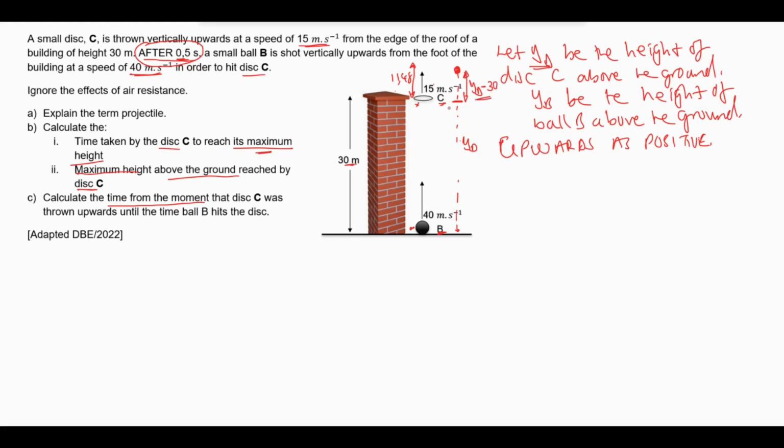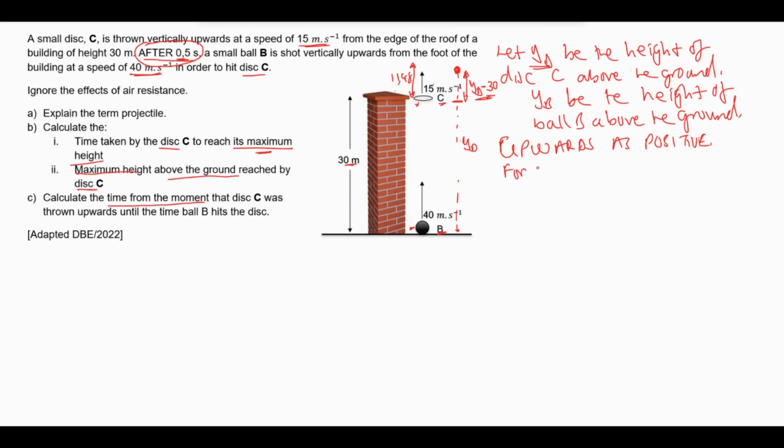Okay, that's the displacement. There are two things here. There's the height of the object from the ground, and then there's displacement of the object from its starting point. So the displacement of disk C from its starting point is YD minus 30. Okay, right. Remember, in our equations of motion, we're using the displacement, not the height.